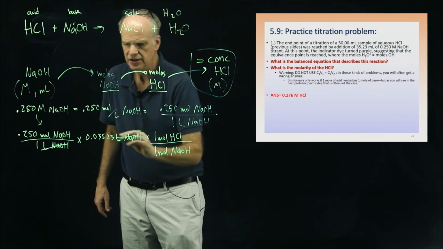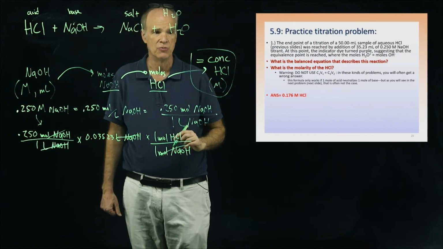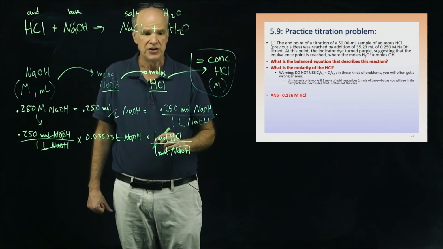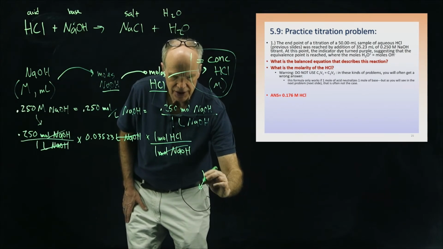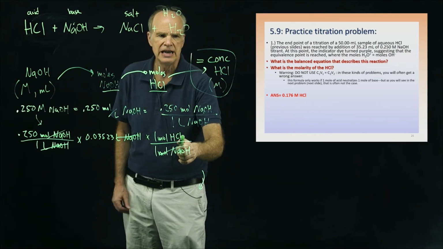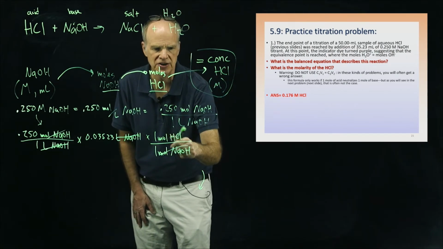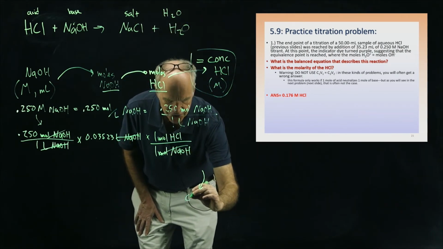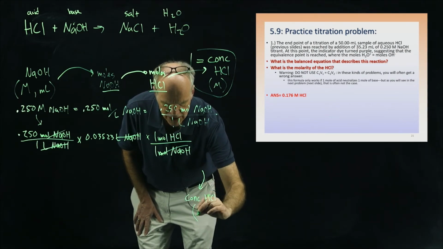You can see now that the moles NaOH cancels out, and so now we're at an answer of moles HCl. So the final step is that we have to convert these moles HCl into a concentration of HCl, which will be not in moles but in molar.